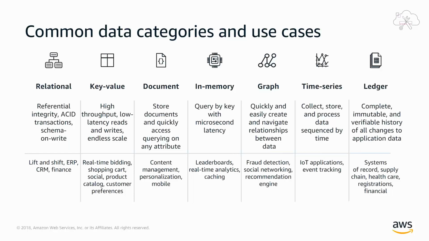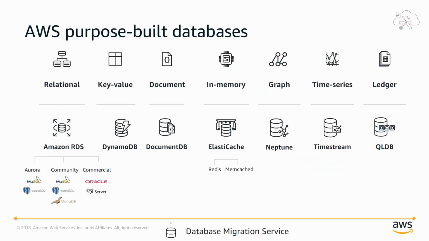A lot of times, customers see this and they think, well, what does AWS have to offer for each of these? Well, with relational databases, we have RDS, and as we've already discussed, that encompasses Aurora. It encompasses open source, like MySQL, Postgres, and MariaDB, as well as commercial, like Oracle and SQL Server. For key value store, DynamoDB is the go-to oftentimes. DocumentDB has been released recently for document type database workloads.